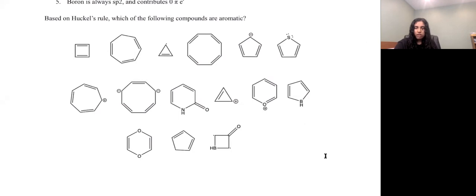Yeah, boron has to be always sp2. It can't choose to be sp3. Yeah, I think the rest of the heteroatoms can choose between sp2 and sp3.